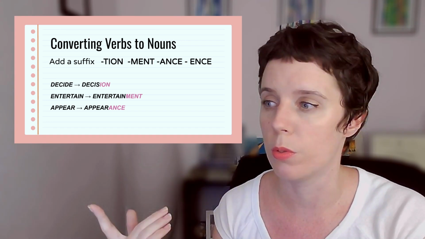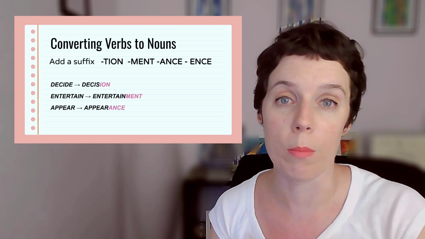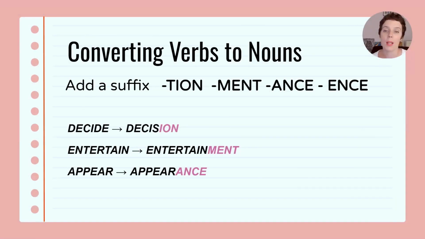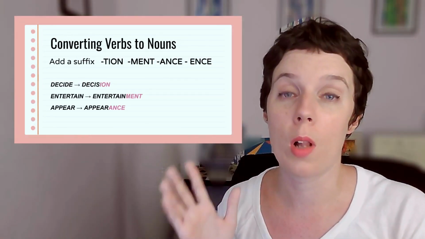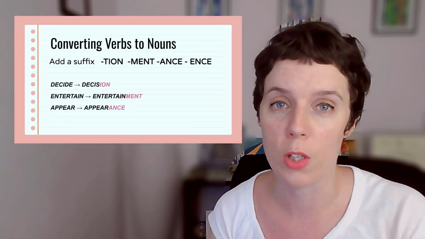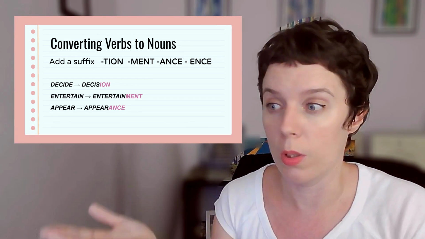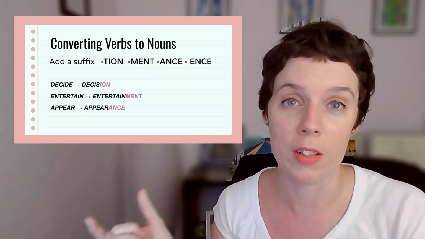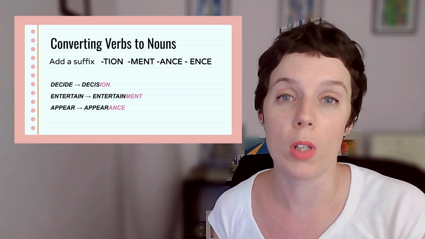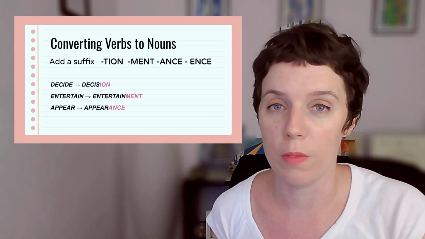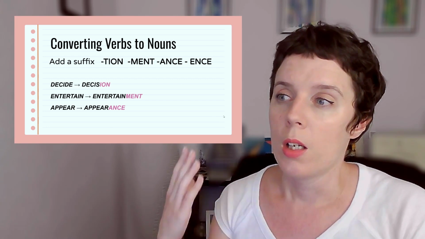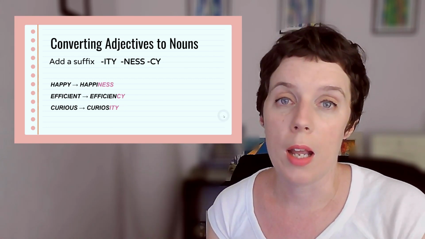For example, decide becomes decision, entertain becomes entertainment, and appear becomes appearance. This skill will actually help you with word formation as well for Use of English, because that's exactly what we're doing. We're literally forming words by adding suffixes. So this is really useful for Use of English, not only for writing. So that's how you convert verbs to nouns.